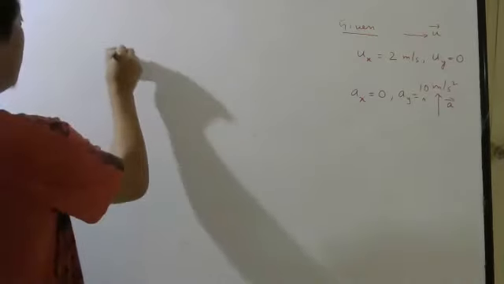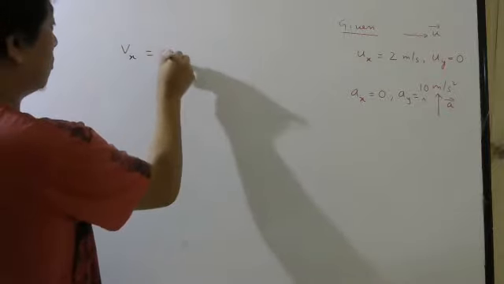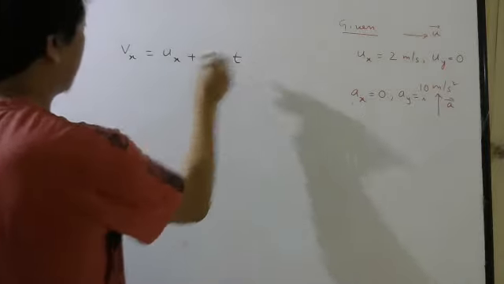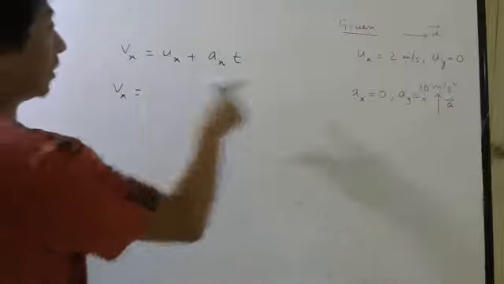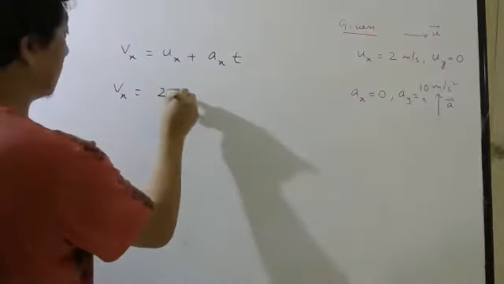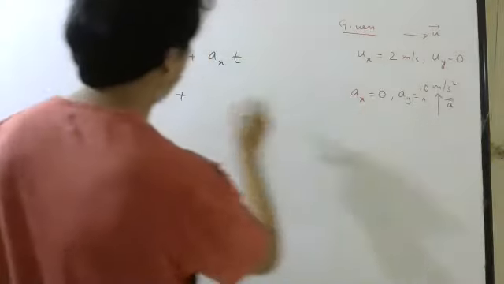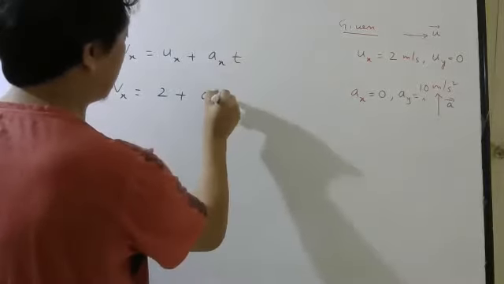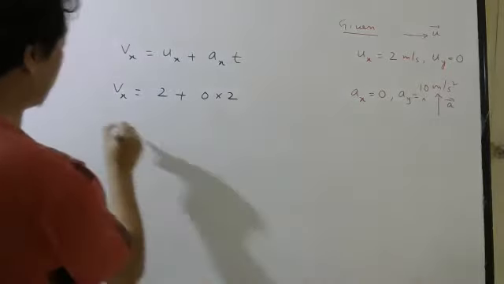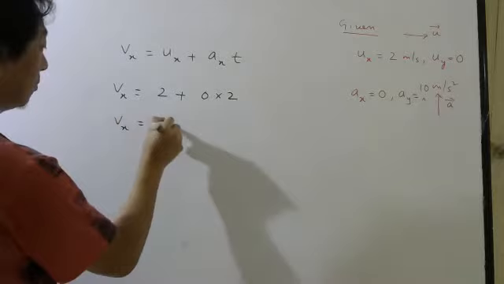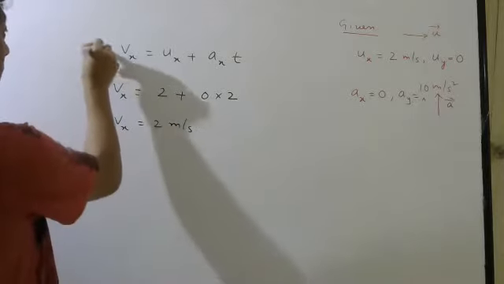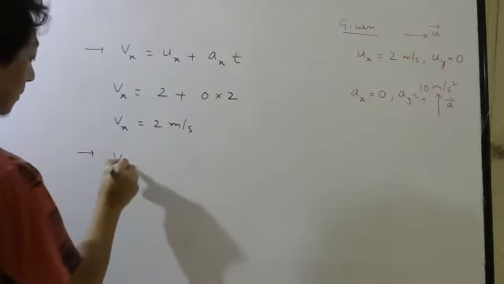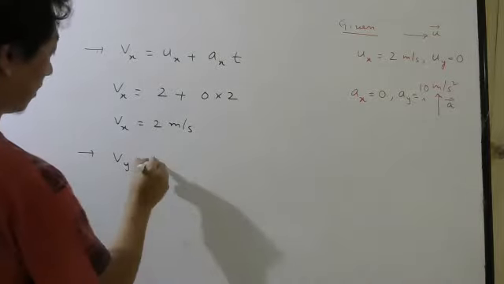So let us start quickly. Let us find Vx first. Vx is ux plus axt. Ux is 2. Ax is 0. After 2 seconds, it doesn't matter because 0 into 2 will be 0. So Vx is 2. What about Vy? What is the formula for Vy?